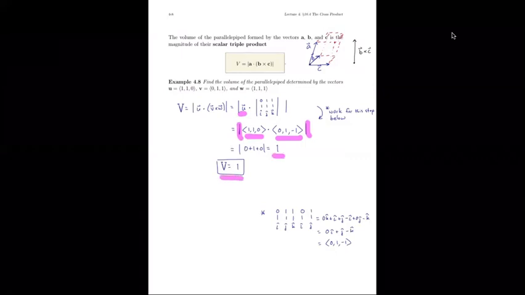The volume contained in that parallelepiped then is 1. The reader can verify some of those calculations, the dot product and the cross product namely, and see that that's all actually the case. Well, in fact, the cross product is verified down here. So the volume of a parallelepiped is the scalar triple product.